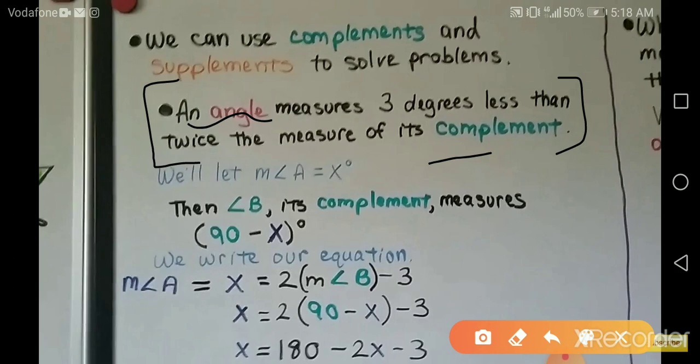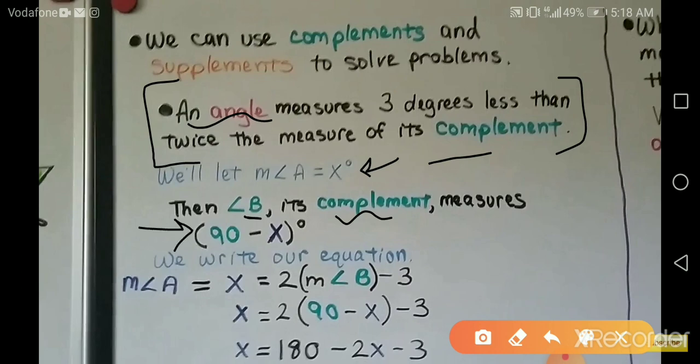So, let the measure of angle A equal x degrees. Then measure B, which is the complement, measures what? I know from the previous rule that the complement equals 90 minus x.